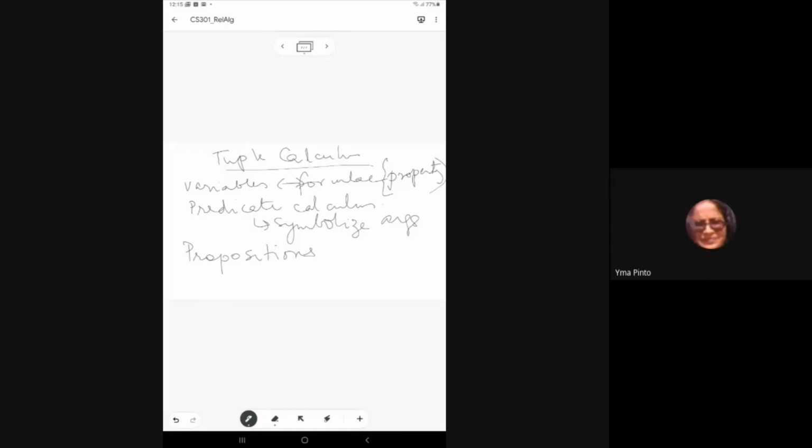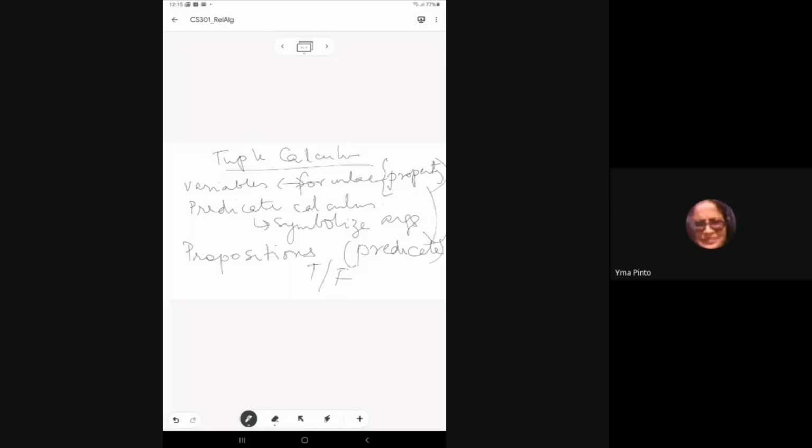The proposition basically specifies the property of an object through a formula. These are also called predicates, so that's why we have first order predicate calculus. The properties are expressed as predicates, and these predicates can evaluate to true or false. Basically, a proposition can either be true or false.